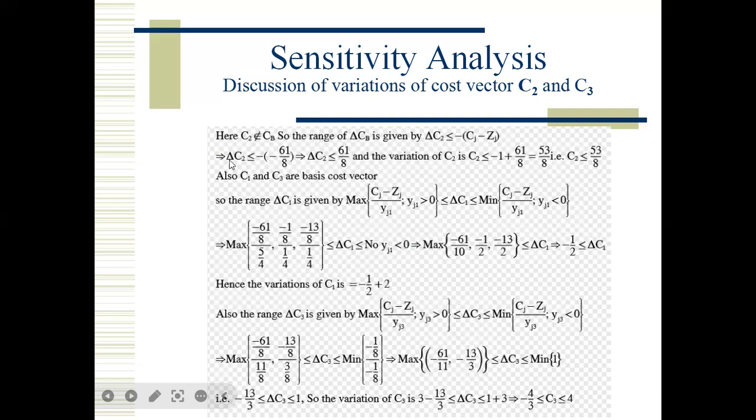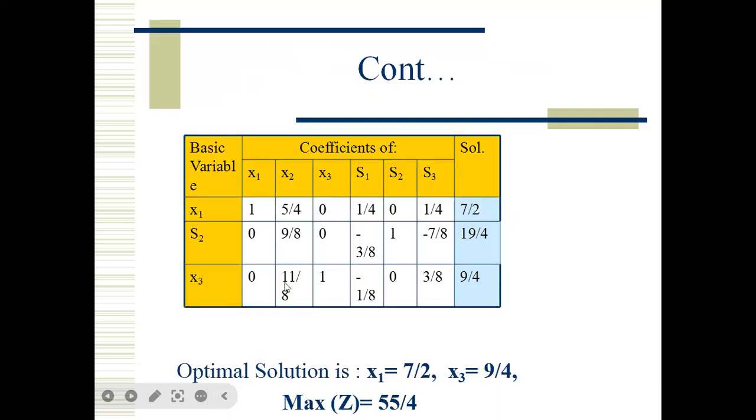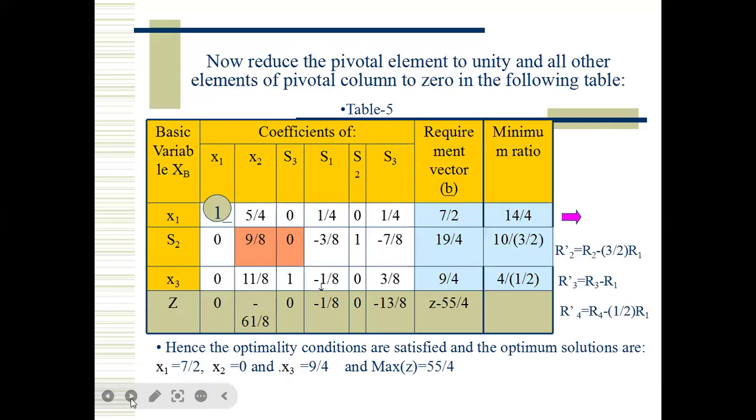This implies del C2 is less than or equal to minus (Cj minus Zj), and from this table Cj minus Zj is minus 61 by 8.